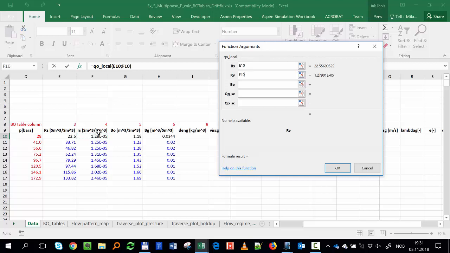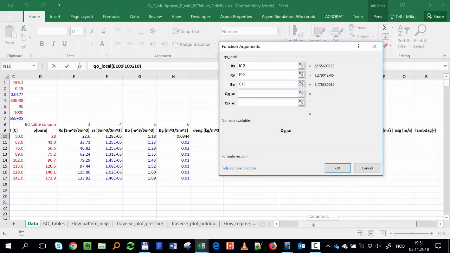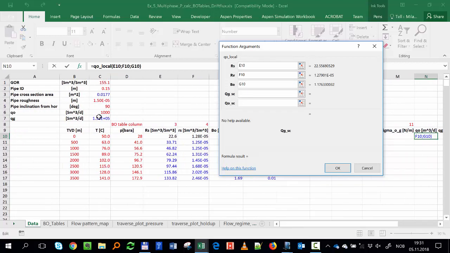So RS, BO, QG, and that QG is here, and that I have to block. Be careful. And QO is here, and that I have to block.